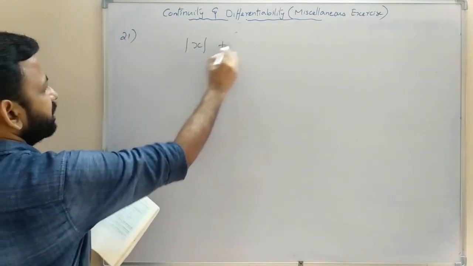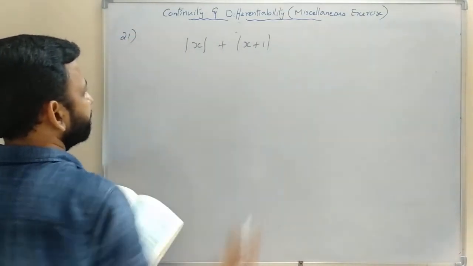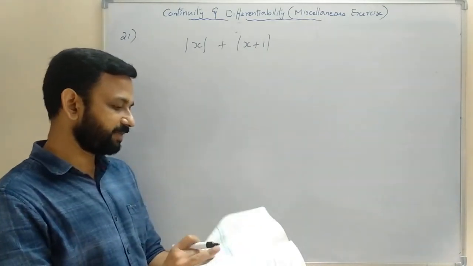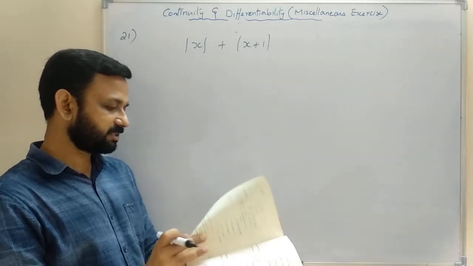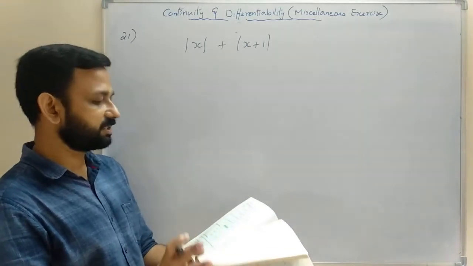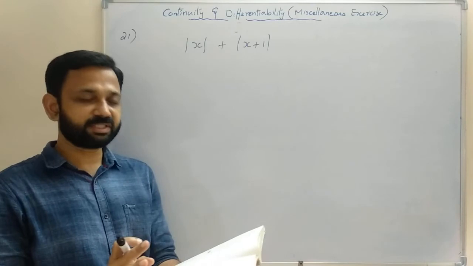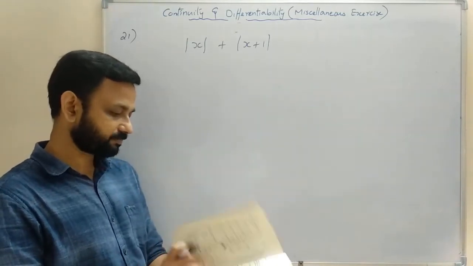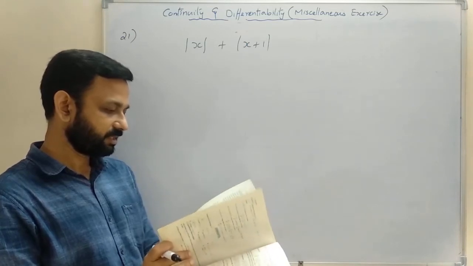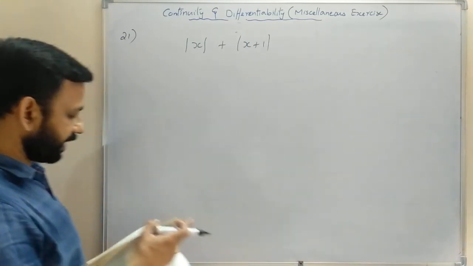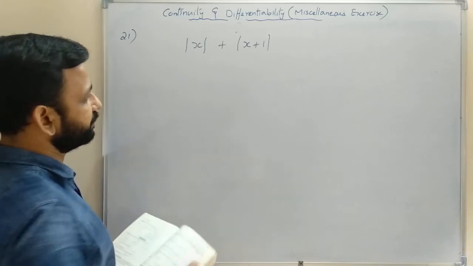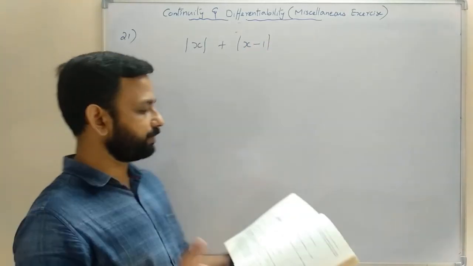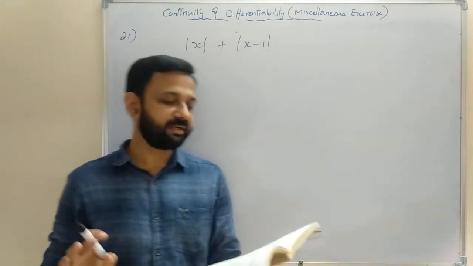Question number 21: modulus of x plus modulus of x plus 1. We have done this in one exercise. Modulus of x is a continuous function. We can take modulus of x minus 1 also, because we have done x minus 1 in exercise 5.2, question number 9.